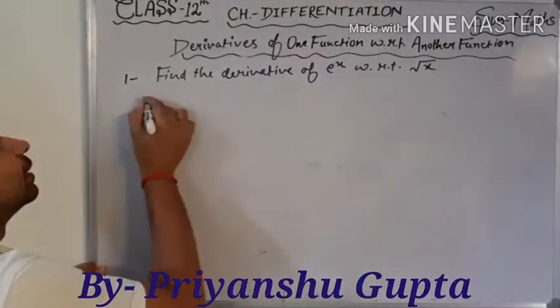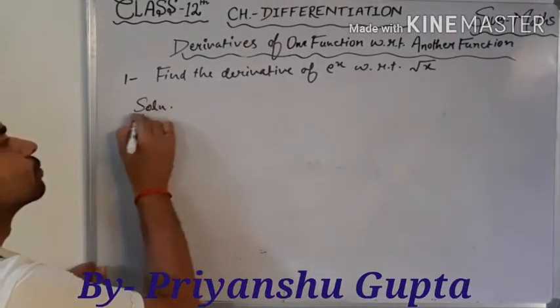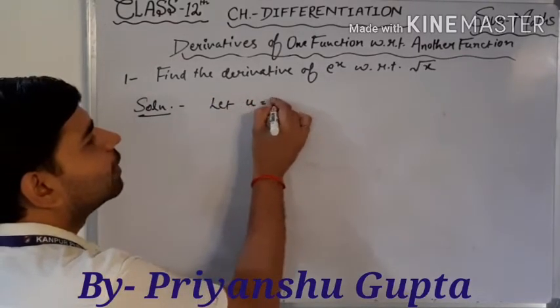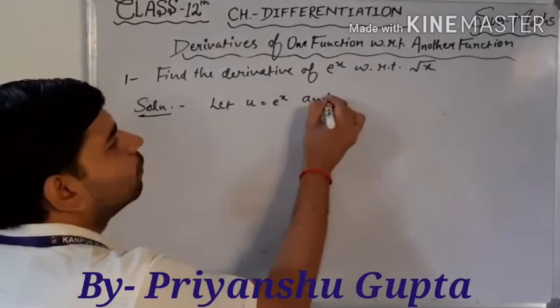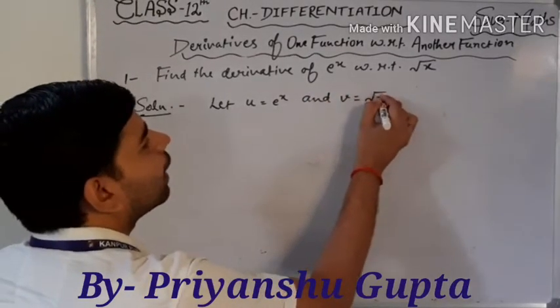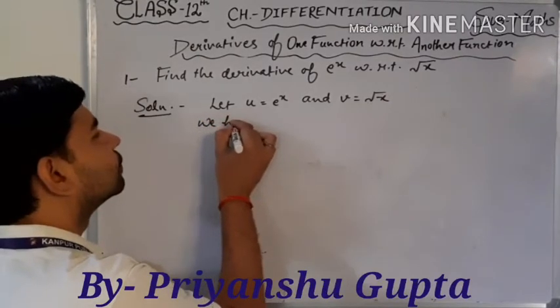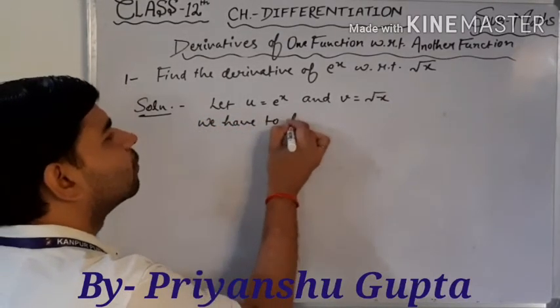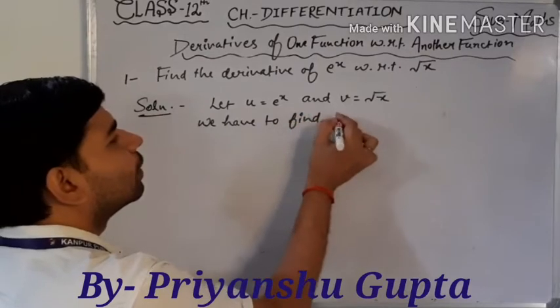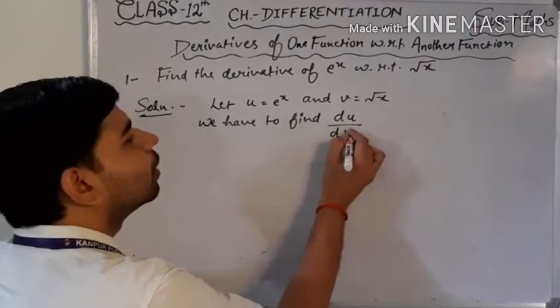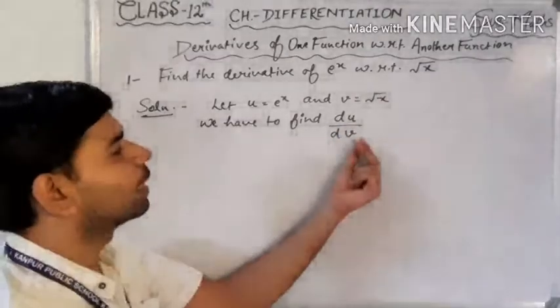First we will consider, let u equal e to the power x and v equal under root x. So we have to find the derivative of u with respect to under root x, and under root x is v.